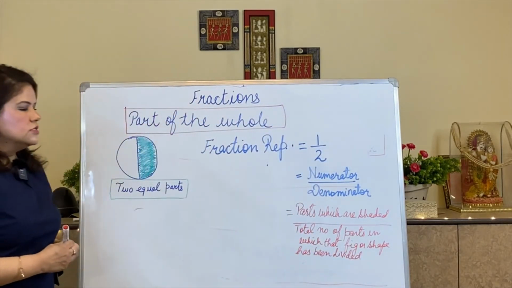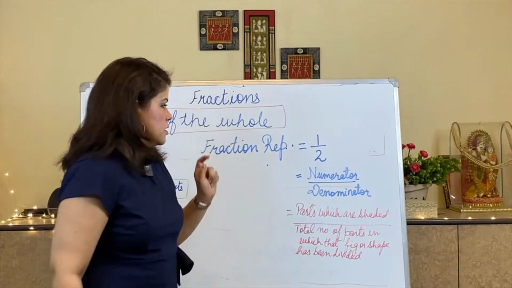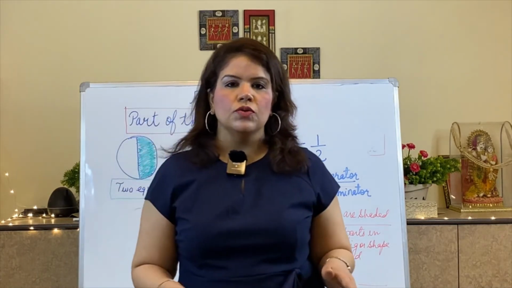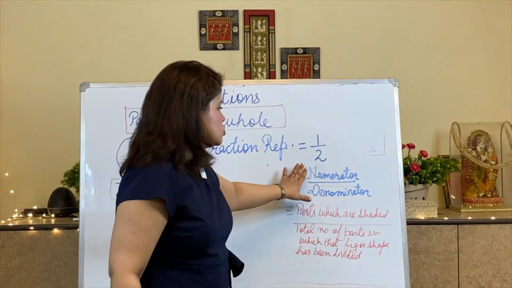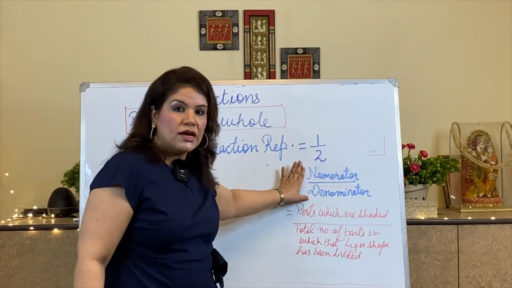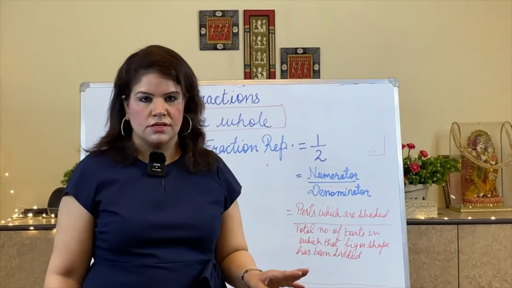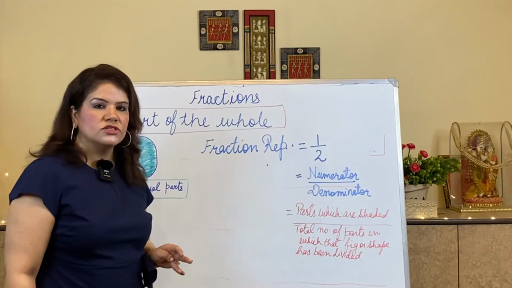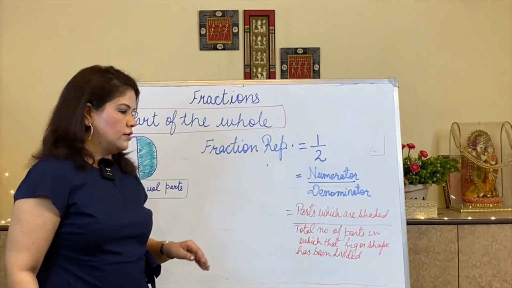So that means there are 2 numbers. Now when we are dividing these 2 numbers, we have to take them as natural numbers. Natural numbers start from 1.